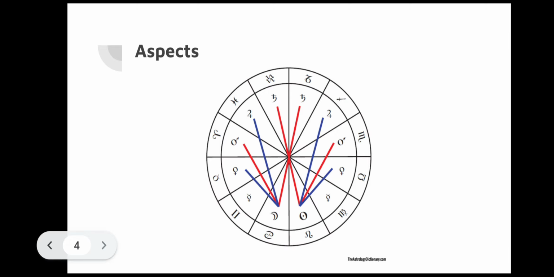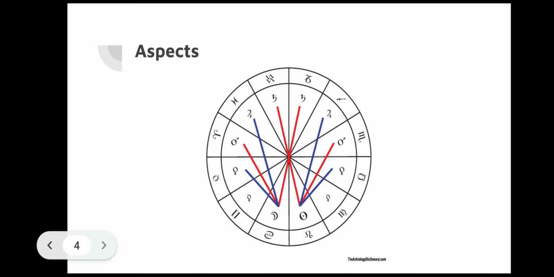Don't think that because we have the Sun trine Jupiter over here in Sagittarius that a trine has to involve Jupiter. It doesn't. A trine can occur between any planets, like Mars in this image right now is trine to the moon.